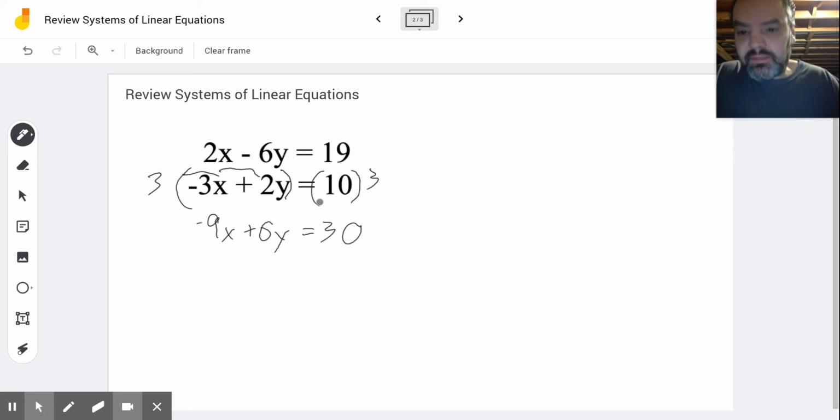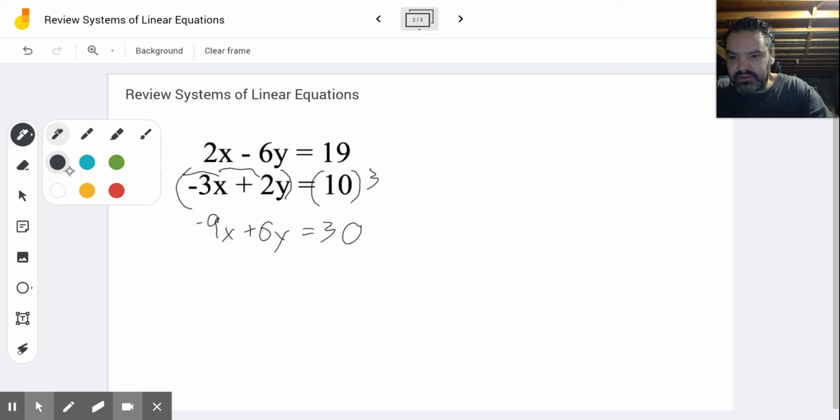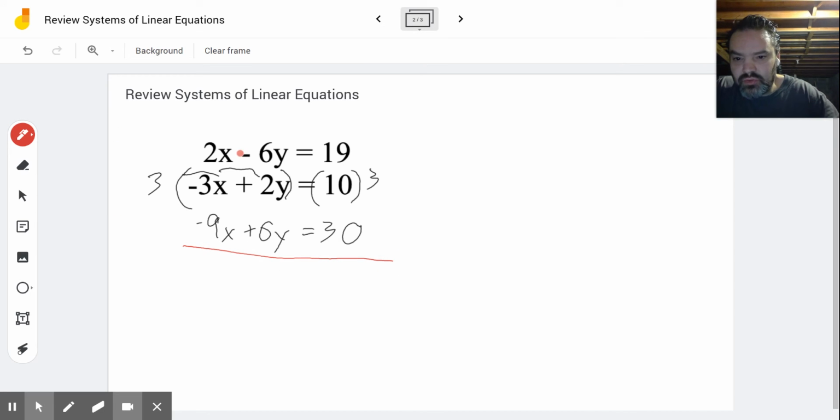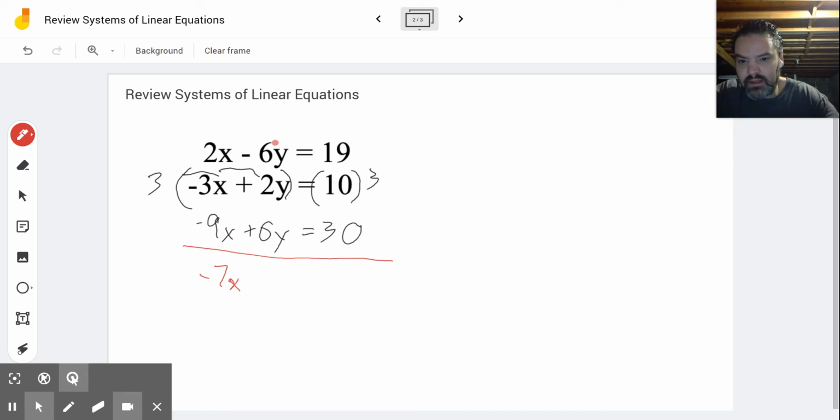And now I'm going to add the top equation with this new equation that I have. The top equation goes together with the new equation, and 2x minus 9x is minus 7x. And this minus 6y cancels out with this plus 6y.